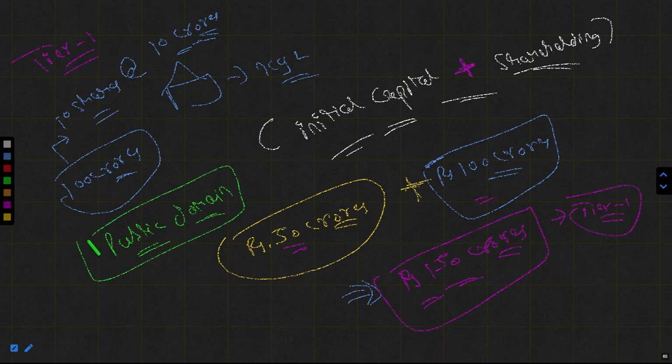You could understand it this way: if you search the wealth of any bank, you just type on Google, tell me the net worth of this bank, and whatever information about the financial status you get is the information about tier 1, because it is in the public domain.